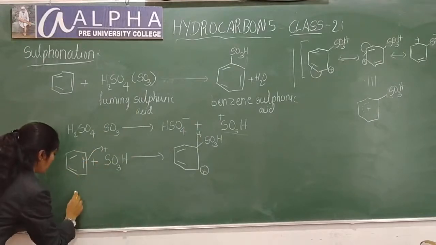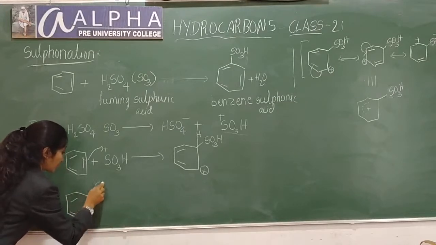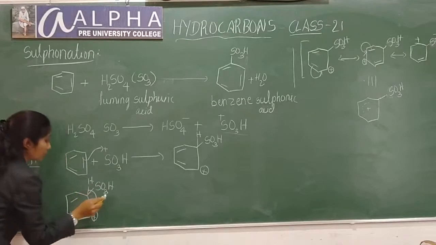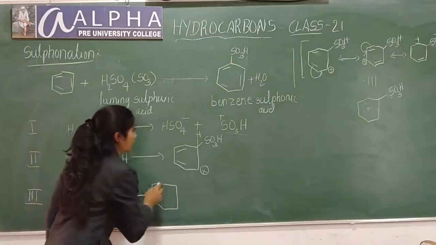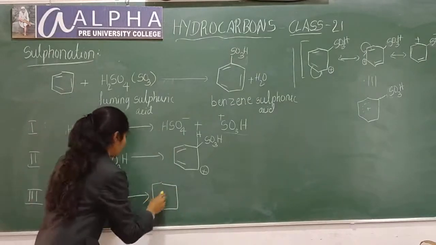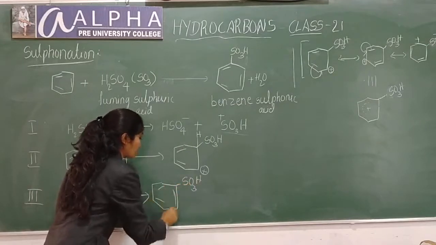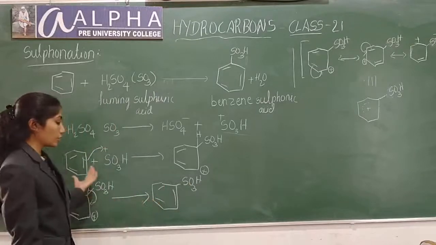So that intermediate formed with SO3H loses a proton to produce benzene sulfonic acid. Okay, this will be the product formed in this reaction.